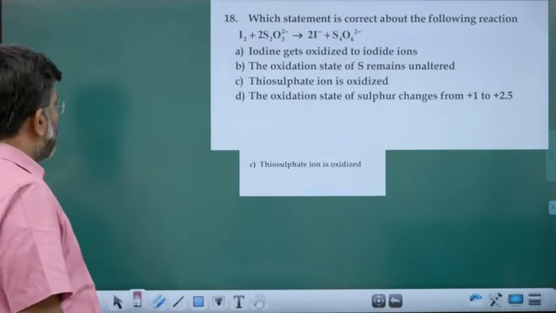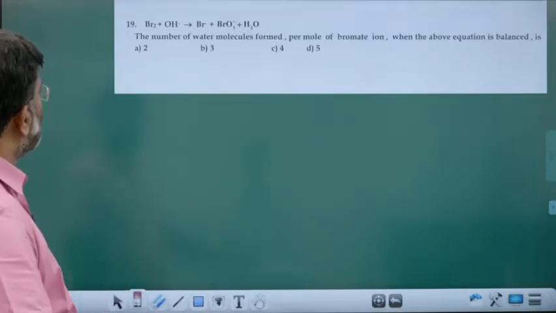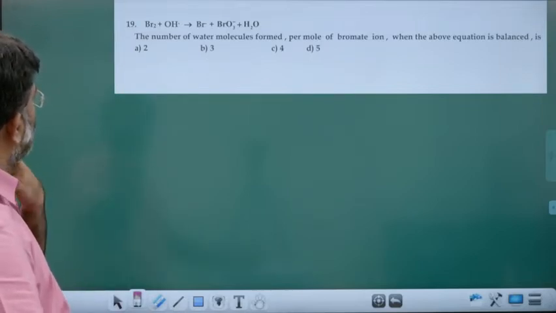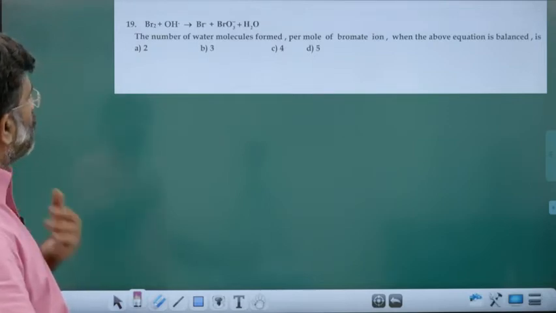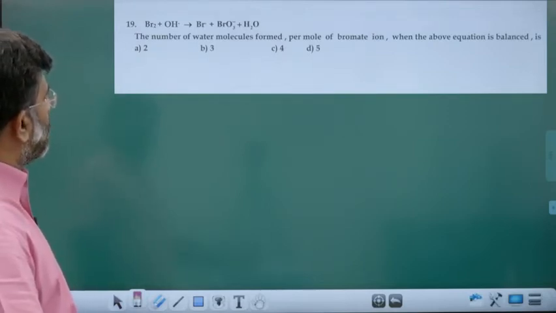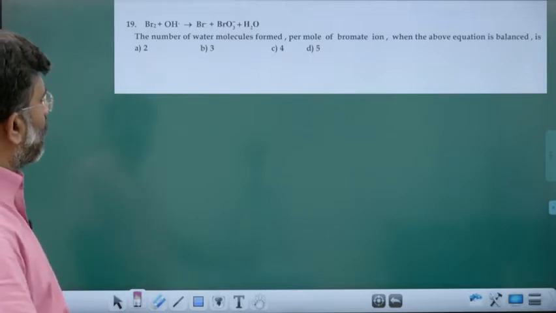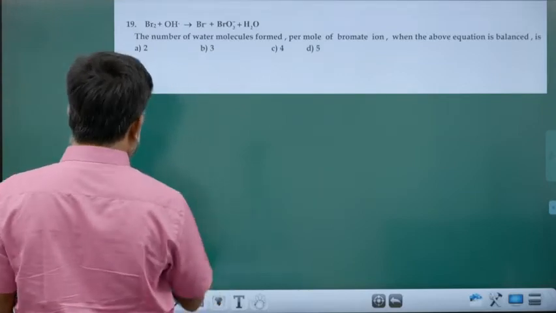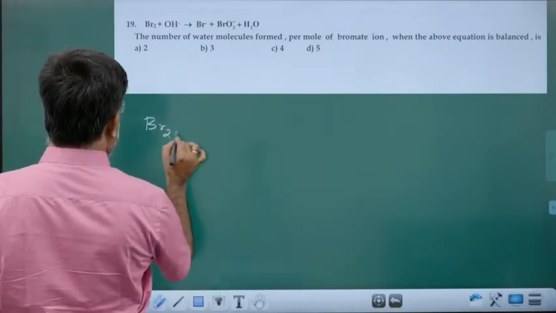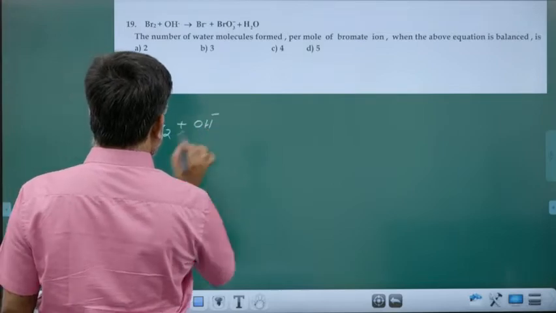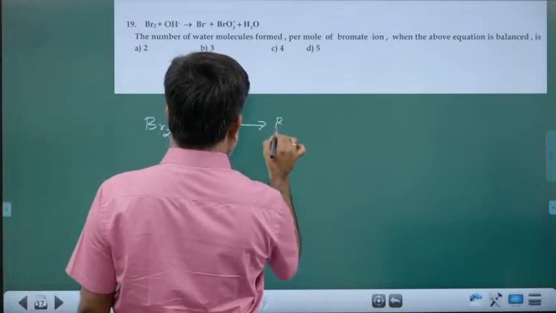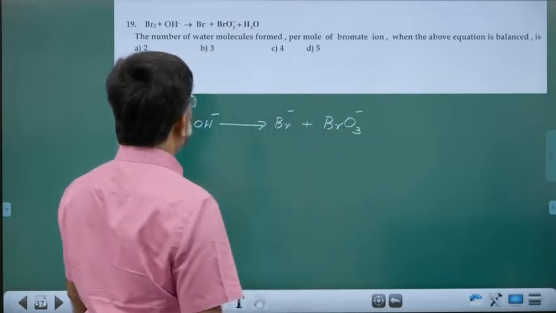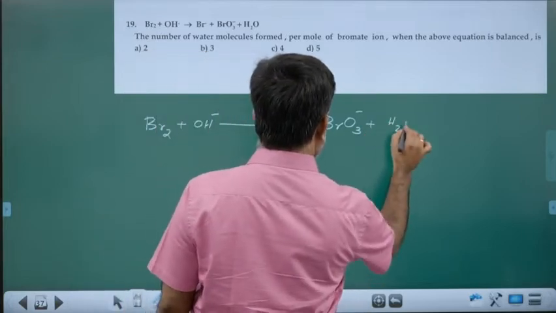Next question. Bromine disproportionation. Bromine in alkaline medium disproportionates. The number of water molecules formed per mole of bromate ion when the above equation is balanced. Let us examine how we can balance it. Br2 in alkaline medium is converted to Br minus and BrO3 minus plus H2O.